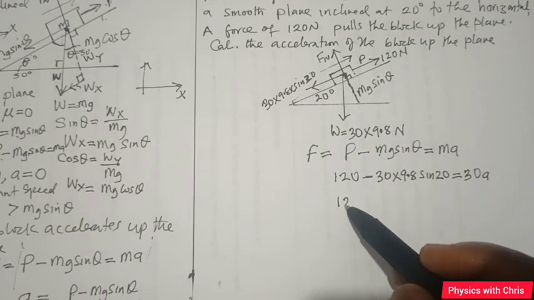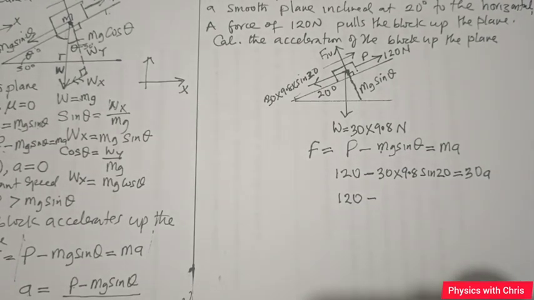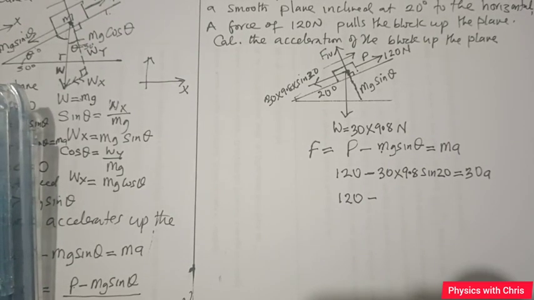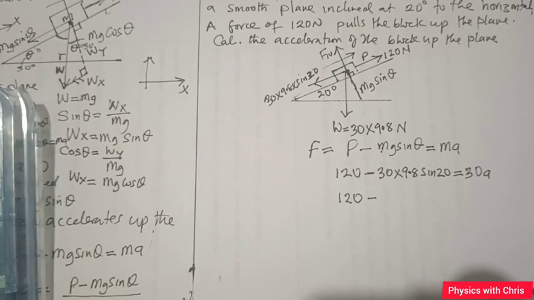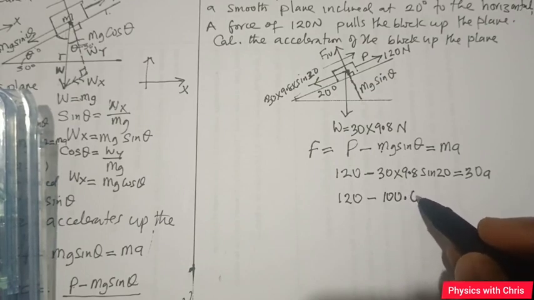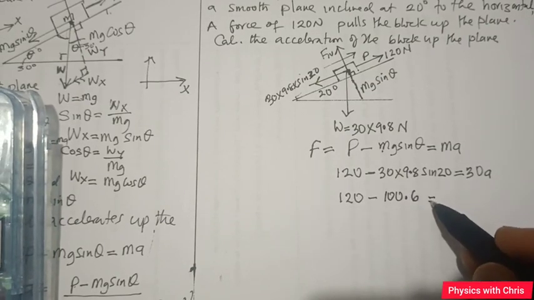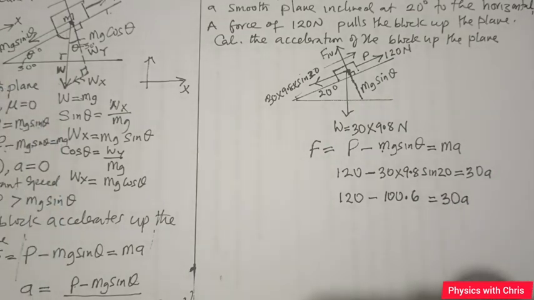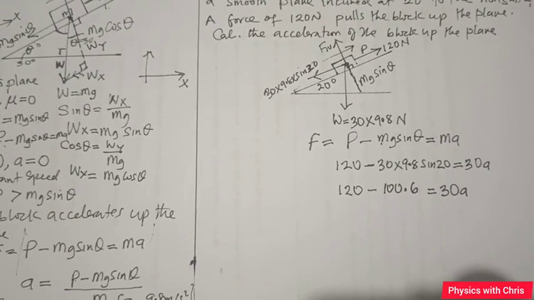So I have to quickly compute this. I'm sure you are there with your calculator, so take it up now and let us work together. If you multiply this by 9.8 and then by the sine of 20 degrees, this gives you approximately 100.6. That equals 30a.